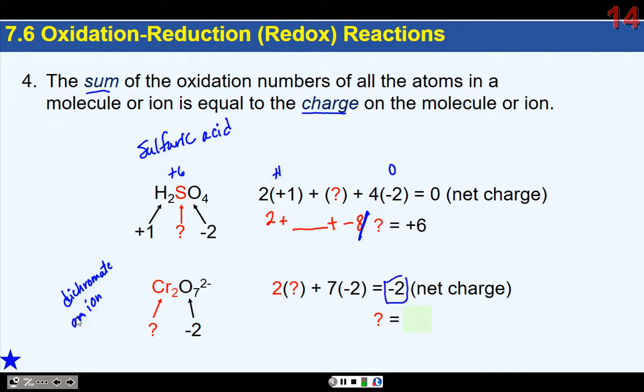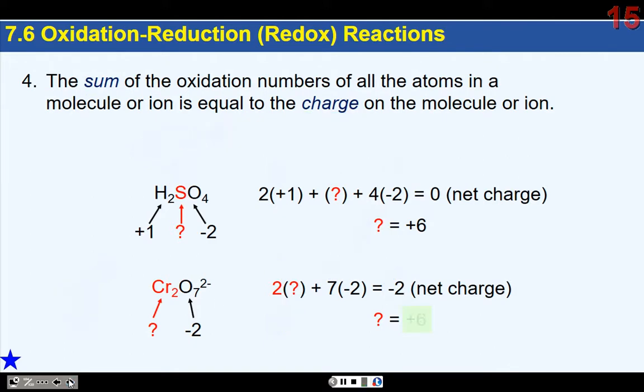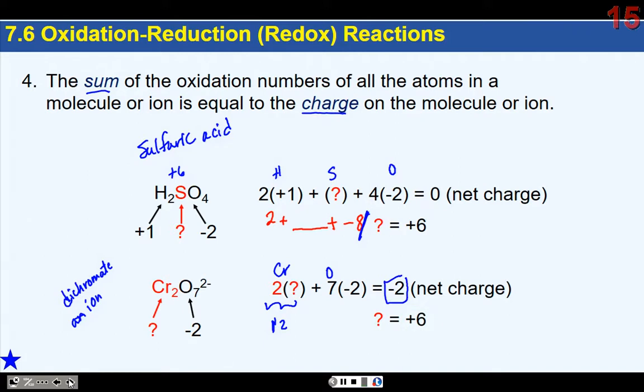And so we know there's 7 oxygens that have a -2 oxidation number, and there's 2 of chromium, and those have to add up to -2. So the chromiums, that was sulfur up here, the chromiums, 2 of them plus a -14 have to add up to -2. And so this has to be a total of 12. And so the 1 chromium has to be half of that. And shouldn't be too much math to hope you can see that it is going to be an oxidation state or oxidation number, either one, of +6 for the chromium.